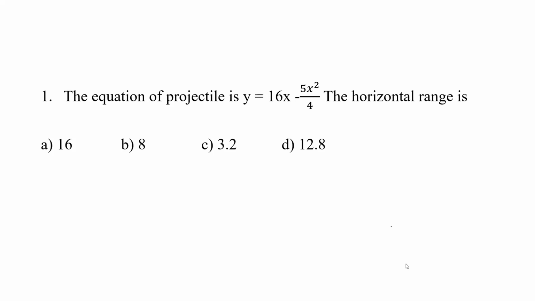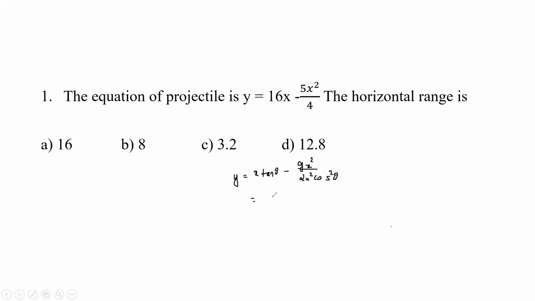So here the equation of trajectory motion is given by y is equal to x tan theta minus gx square divided by 2 u square cos square theta.